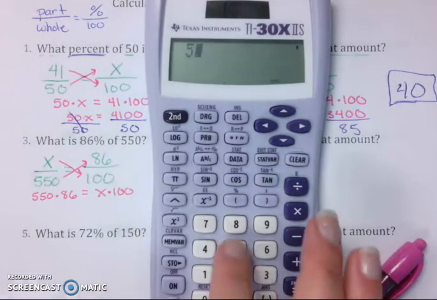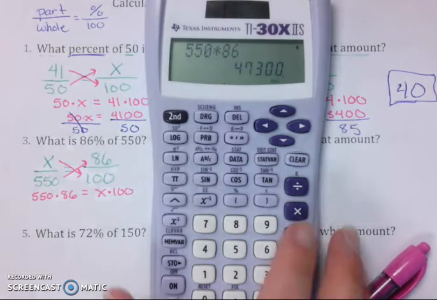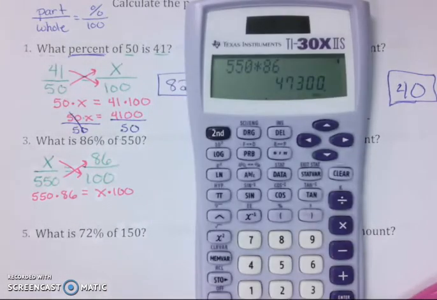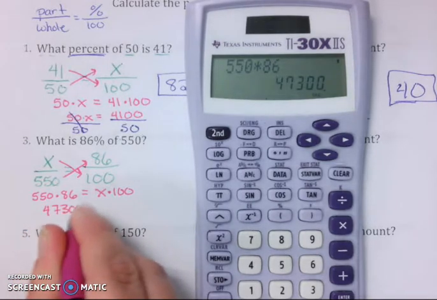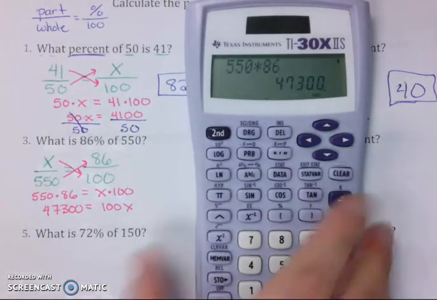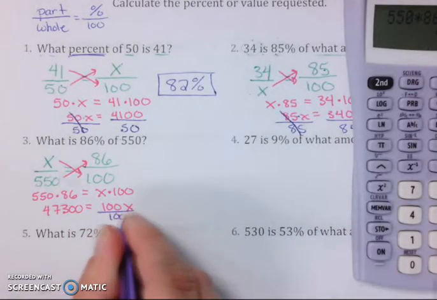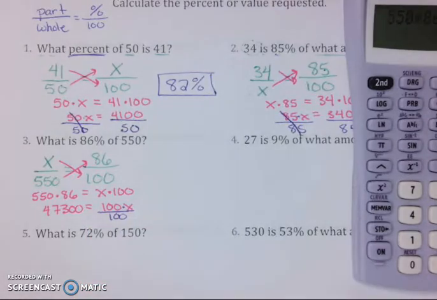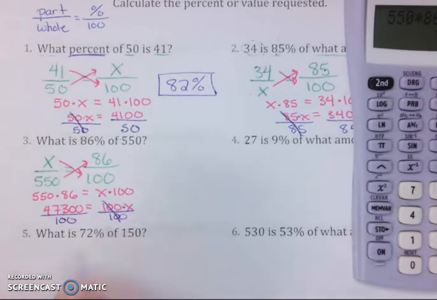Okay, that one I can't do in my head very easily. So I'm going to use my calculator. Get a pretty large number there. And 100 times x is 100x. And then what we're going to do is divide by 100. Okay, this is 100 times x, undo times, divide. What you do to one side, you do to the other side.